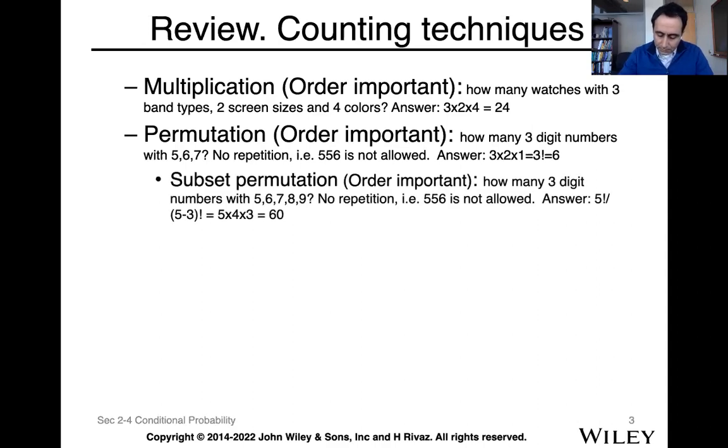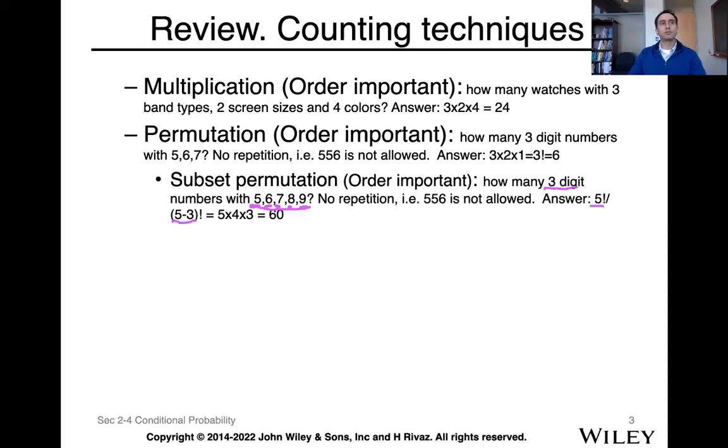We also talked about subset permutation. So here we have more digits. We have 1, 2, 3, 4, and 5, and we want to create 3-digit numbers, right? The answer for that, we've actually proved it in the first class, was 5 factorial divided by 5 minus 3 factorial, right?